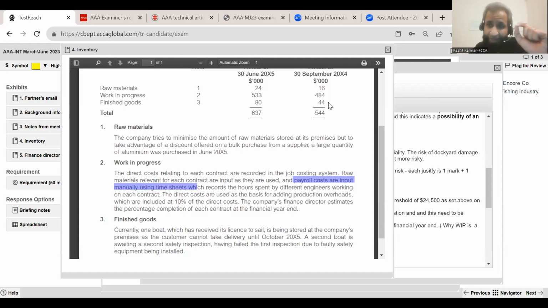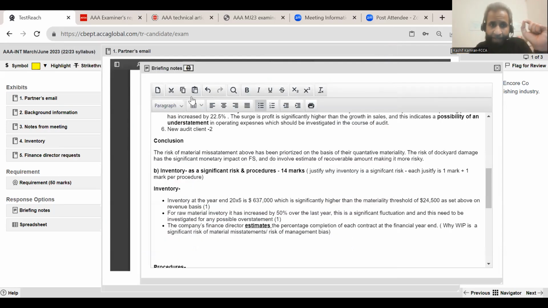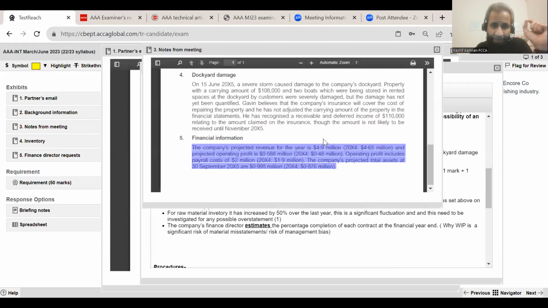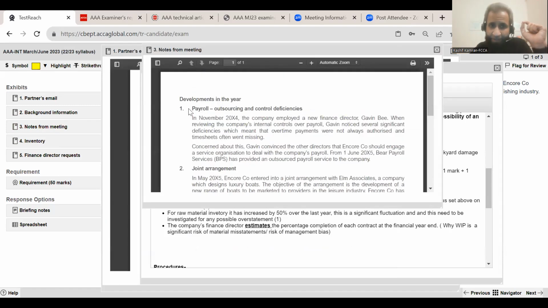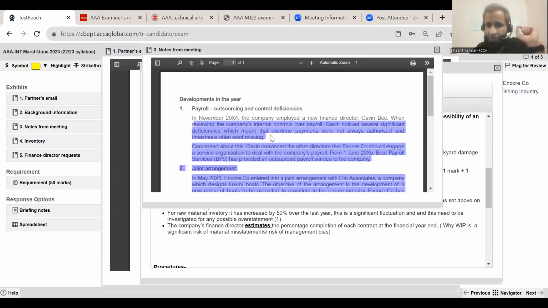Now, if you read the case properly, there is an issue with the payroll cost in the scenario. If you go back to exhibit number 3 and look at the payroll, there are some deficiencies in the payroll timesheets already identified in the scenario. So if there is a control risk in how the payroll is recorded, that will eventually affect the payroll cost taken as part of the work in progress.